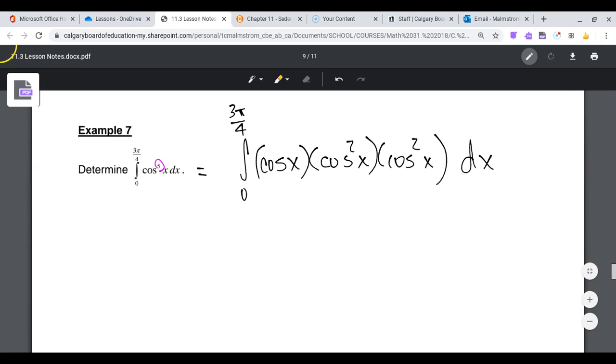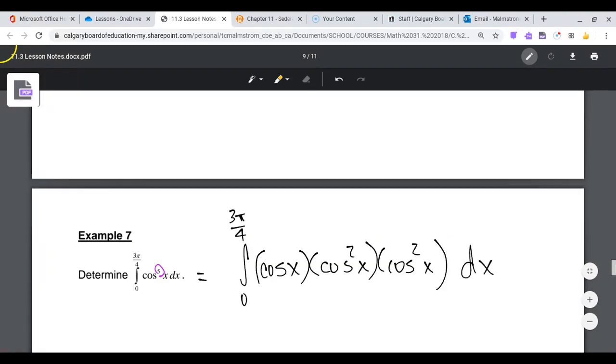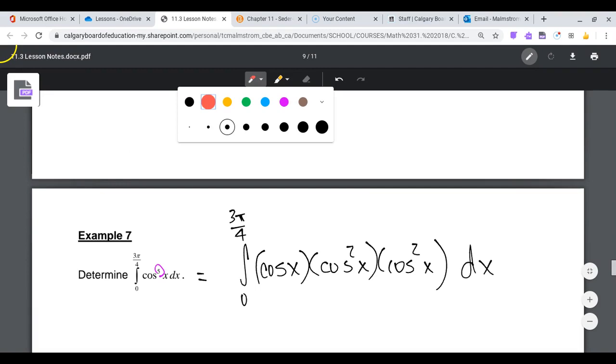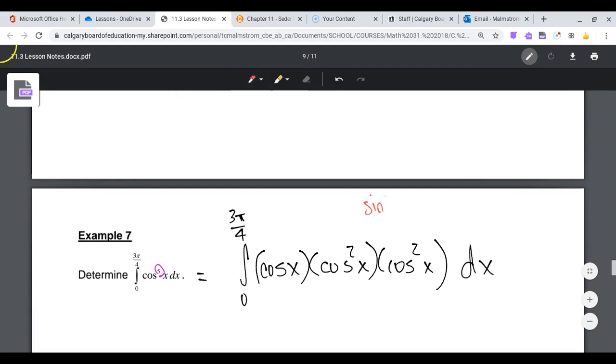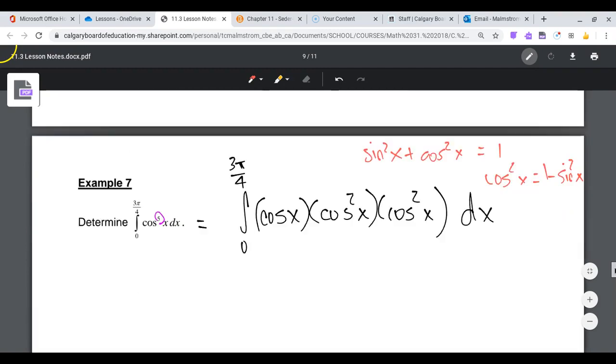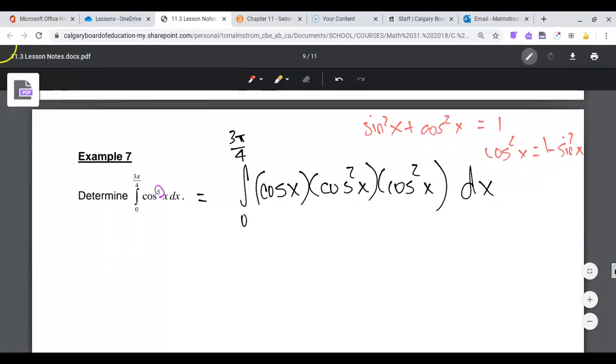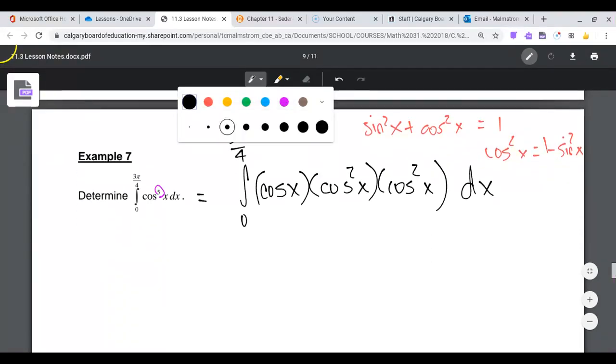Now the reason why I did that is because I have an identity for cos squared x, and I'm not going to use the same one I was just working with, the cos 2x. I'm going to use the Pythagorean identity. So sine squared x plus cos squared x is equal to 1. So that means that cos squared x is equal to 1 minus sine squared x. Okay? So bear with me, and you'll see why I'm going to do this in just a second.